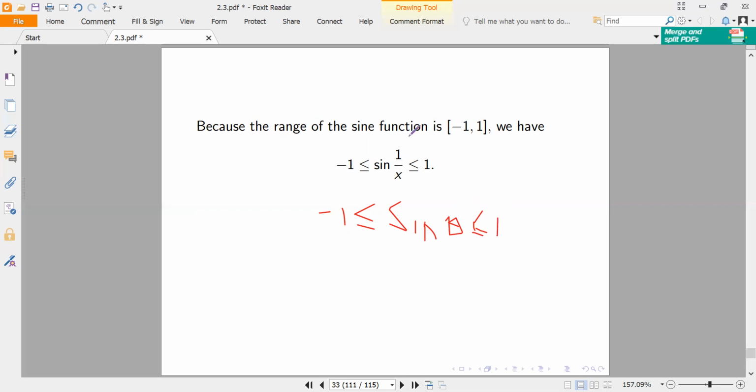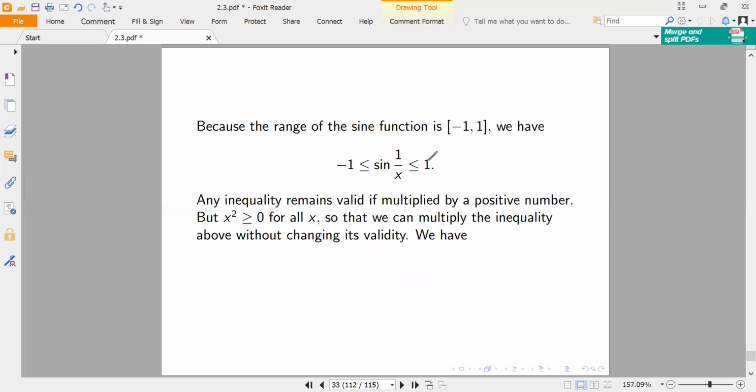So the same thing for sine of 1 over x, it will still be between -1 and 1. Remember with inequalities, if you multiply with a positive number, the inequality sign does not change. It only changes if you multiply with a negative number. If we multiply by x squared, remember x squared is a positive number, so the inequality sign does not change.